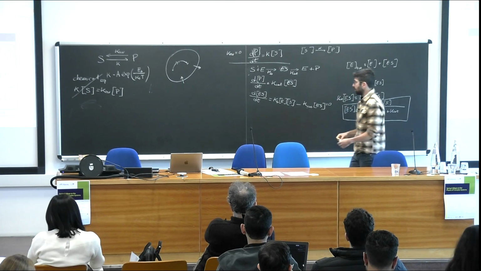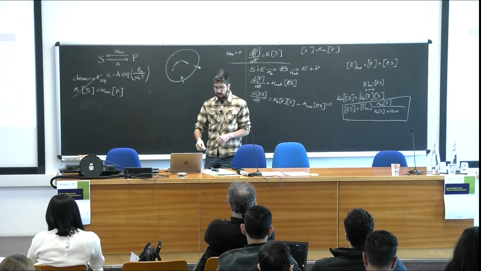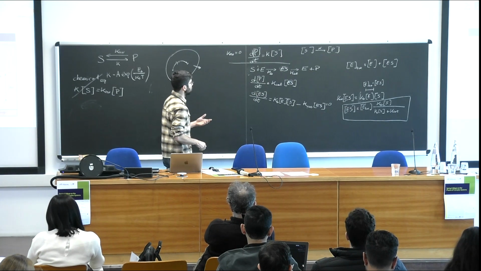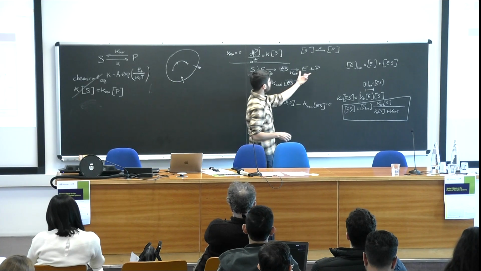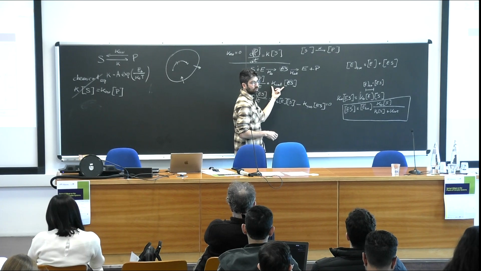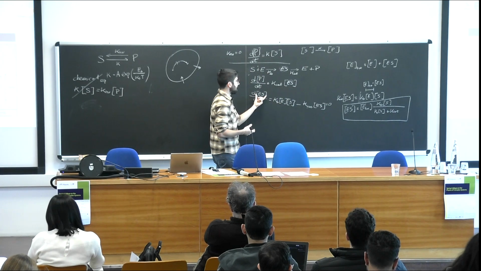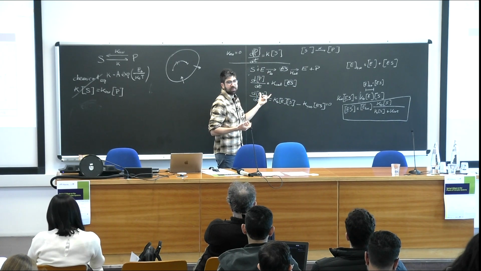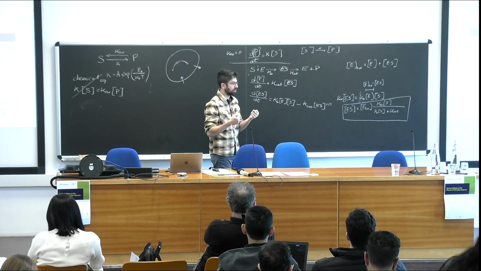So just to summarize what I did. I said the rate at which you produce product is equal to the second step, so it's equal to the rate at which catalysis occurs when the enzyme is bound to the substrate. But then how many enzymes bound to the substrate do I have? I have two processes.